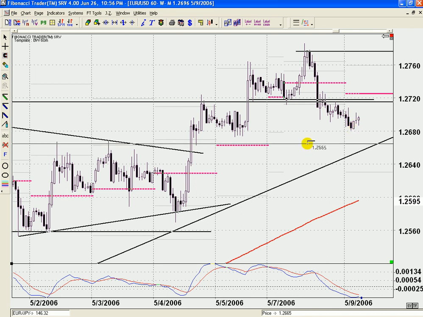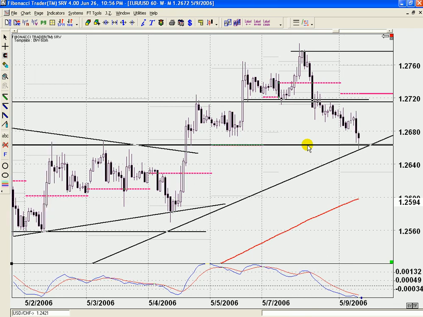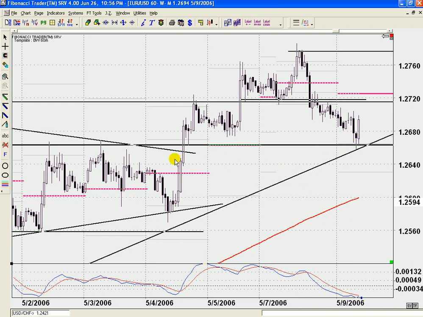We have a key level of support here at roughly 26.60. The market comes down, and if you see the little narrow gray line here, we are at support 1.